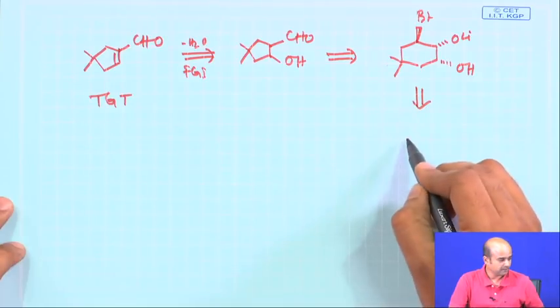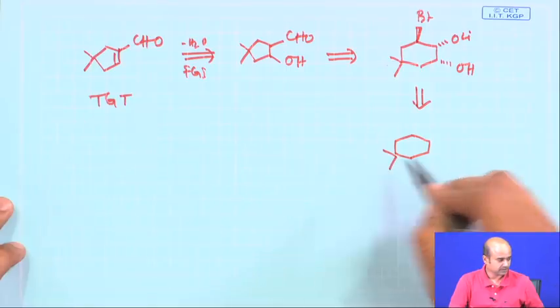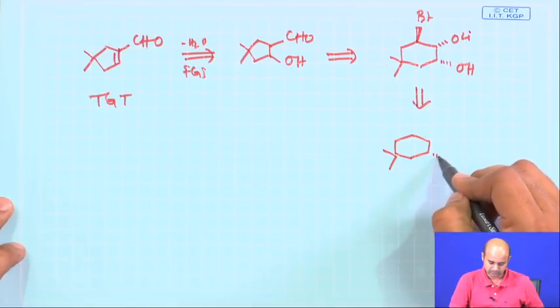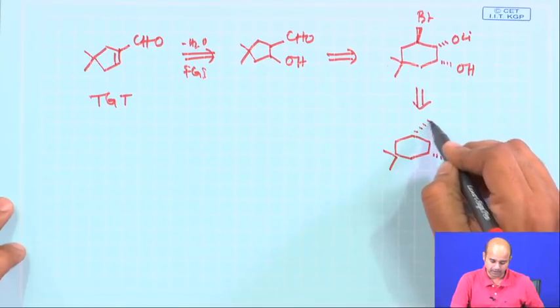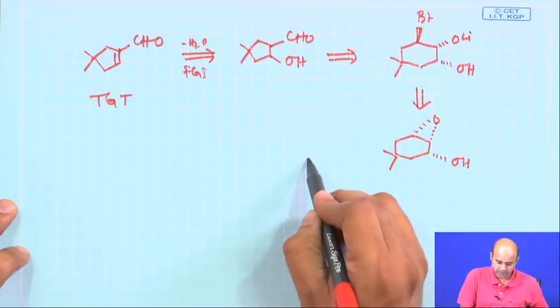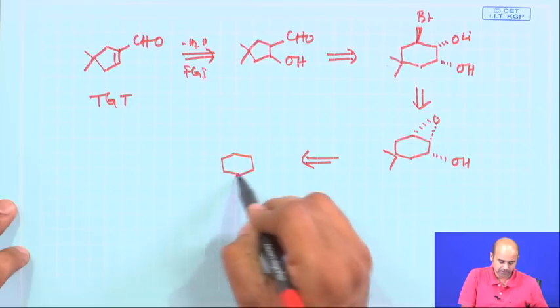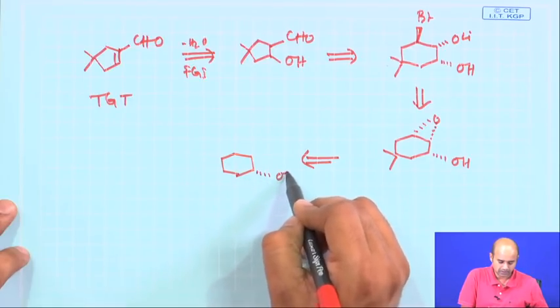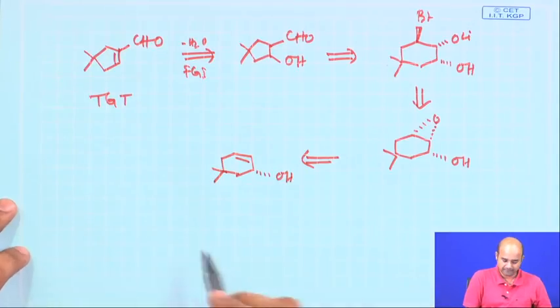Just follow the conventional retro now. This kind of compound can easily be prepared from the corresponding epoxide. Okay, epoxide. Now, these epoxides can easily be prepared from the corresponding allylic alcohol. Okay.